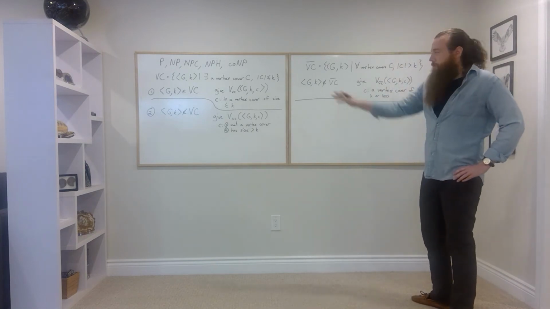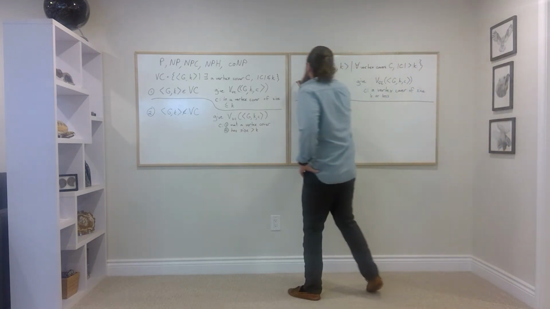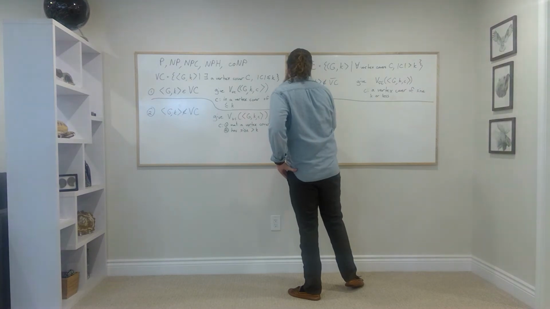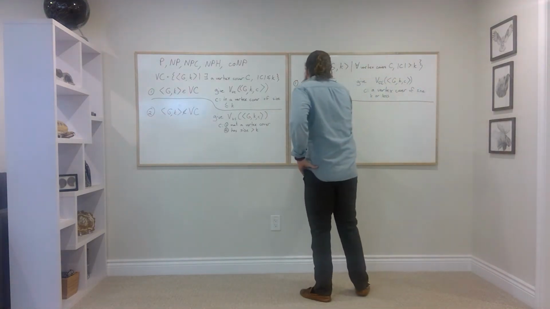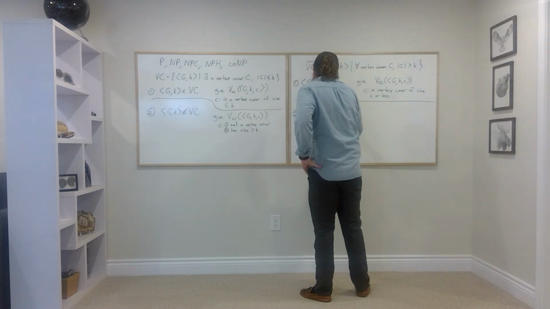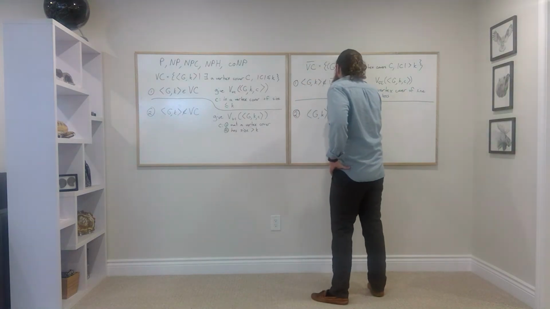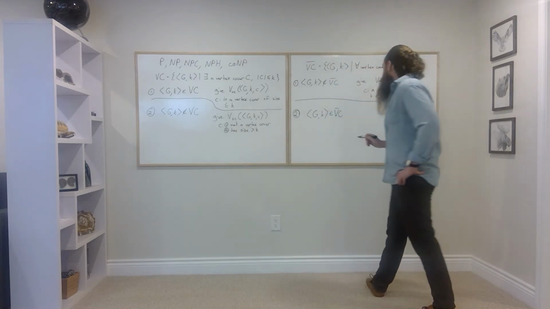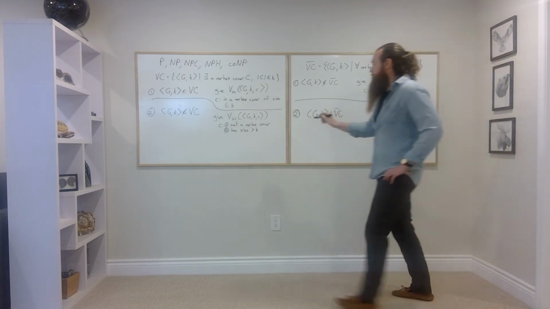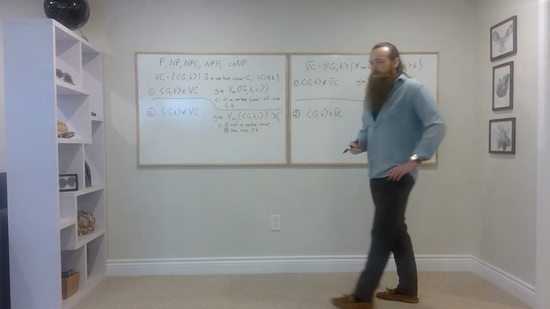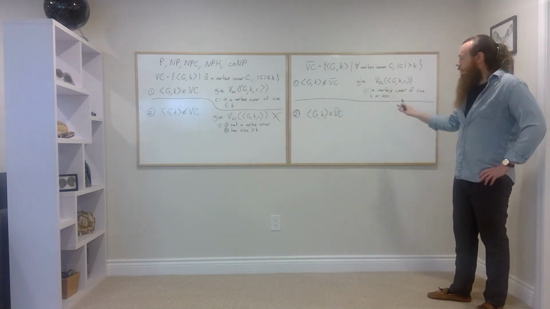Well, what about the flip side? We have the flip side down here. So this is case 1, case 2, and you guys probably already see where I'm going with this. But what if GK is an element of VC bar? Well, this doesn't work. And we see a similar story over on this side.